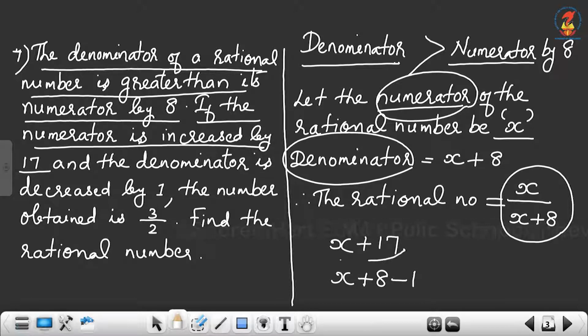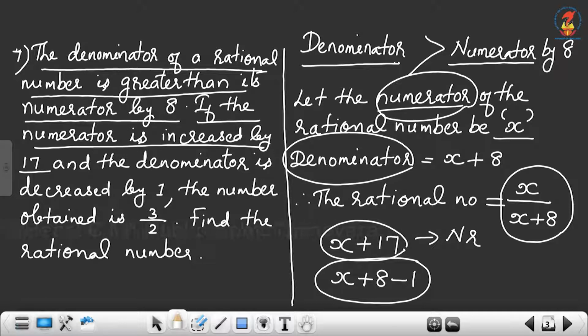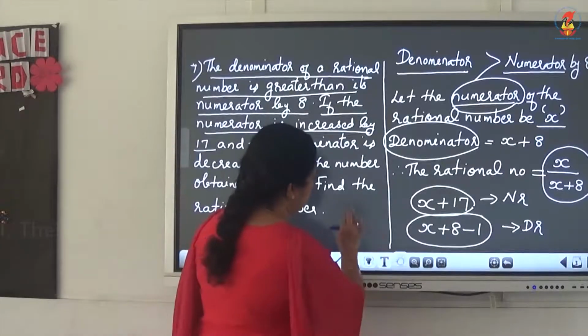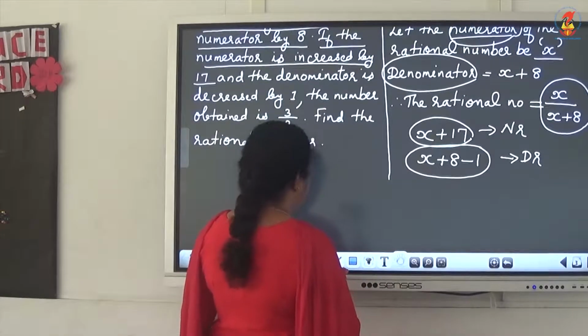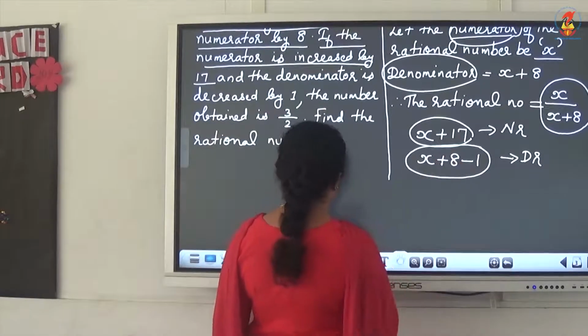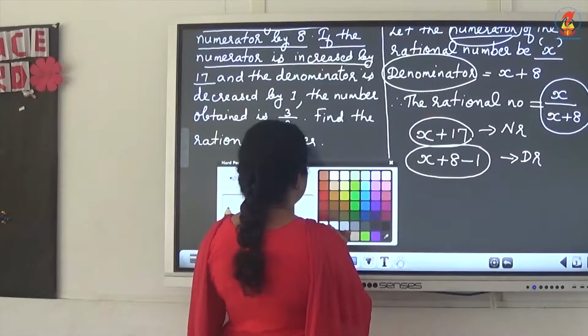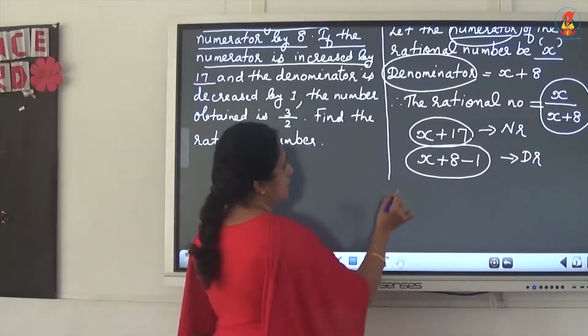So the numerator is x plus 17 and the denominator is x plus 8 minus 1. That is based on the condition given in the question. Then, what will be the new rational number after increasing the numerator by 17 and decreasing the denominator by 1?